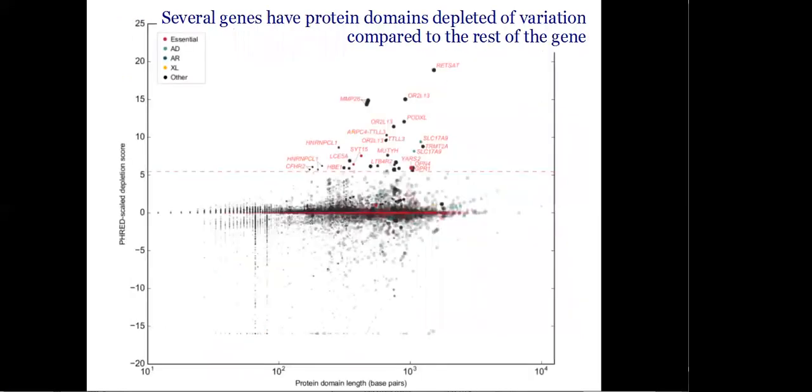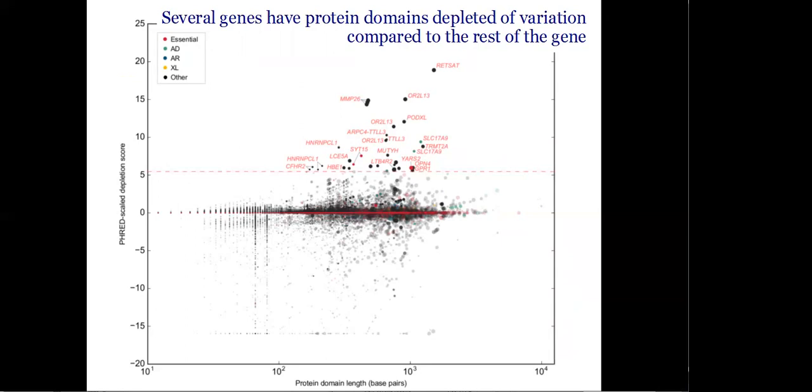Another thing we can look at is how many individuals have rare variants in a given protein domain. And this is very useful in the case of our example, where we found that all of the variants in our gene of interest fall into the same protein domain. And some additional things you can look at, you might wonder, what protein domains in genes tend to be depleted of variation compared to the rest of the gene?